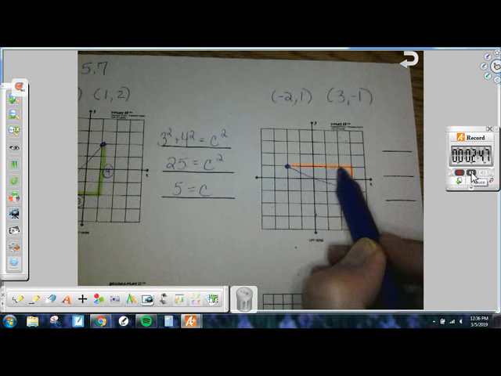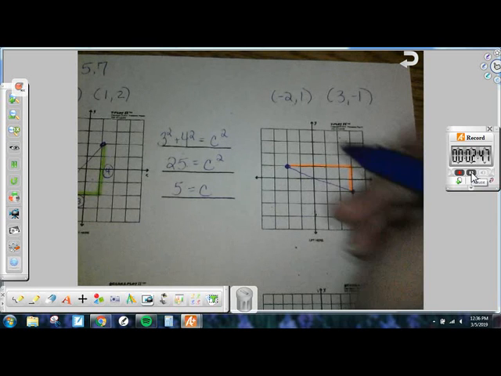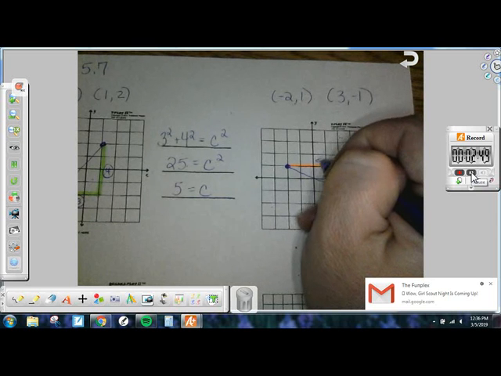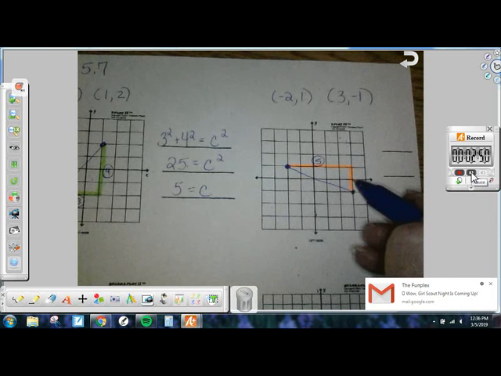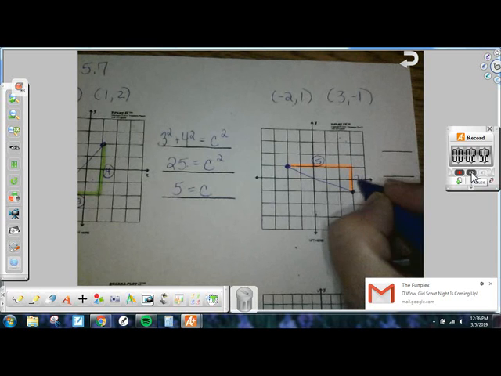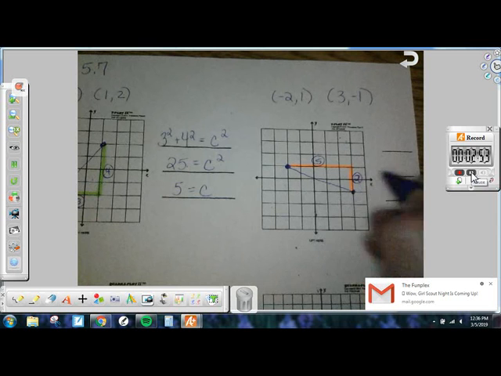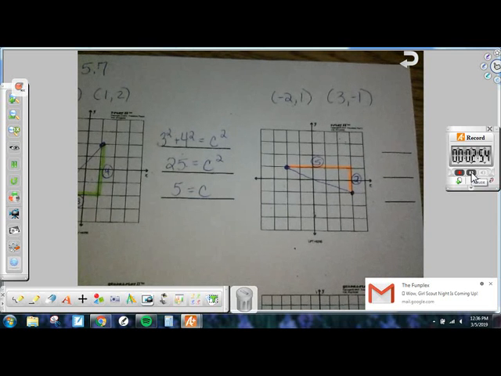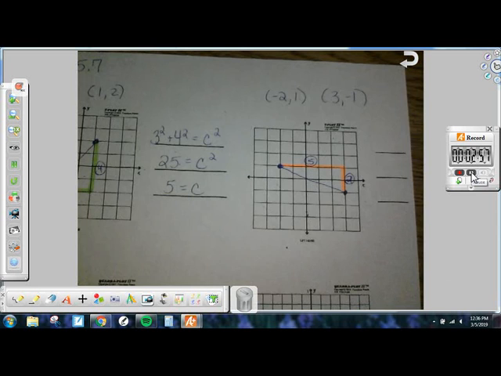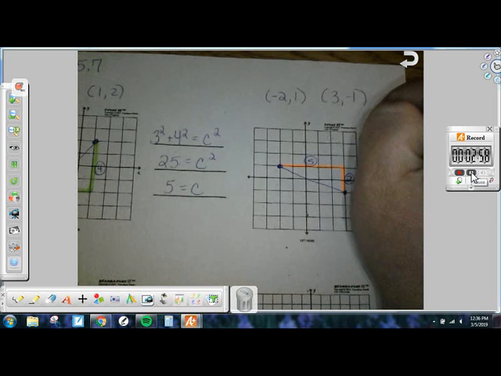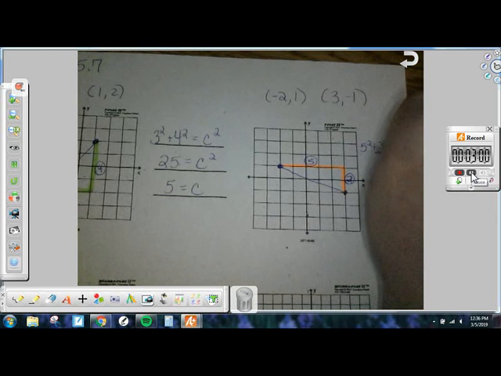Alright, and here is our last example before you try this on your own. Our last example is -6, 3, and 8, 8. Alright, so I'm going to start out by going 1, 2, 3, 4, 5, 6, and up 3. I'm going to start at the origin and go 1, 2, 3, 4, 5, 6, 7, 8, and up 8. 1, 2, 3, 4, 5, 6, 7, 8. I'm going to create my diagonal.